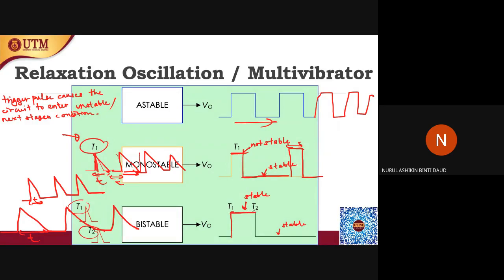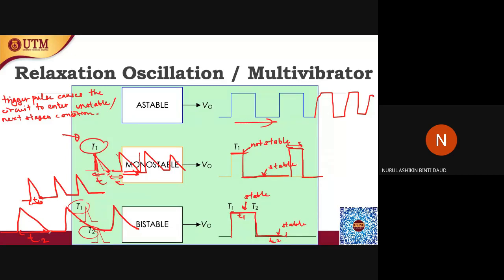Then when this trigger pulse finishes, it will meet the next trigger pulse. Let's say this is time 1 and this is time 2. Time 2 depends on how long this trigger pulse works.